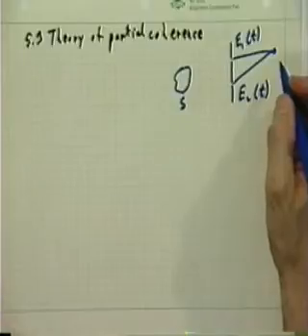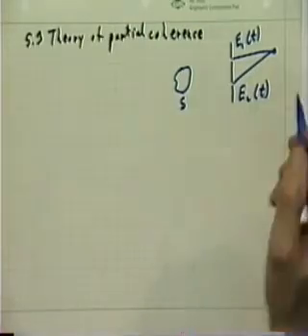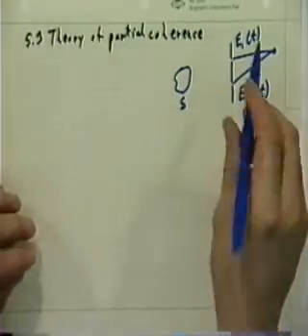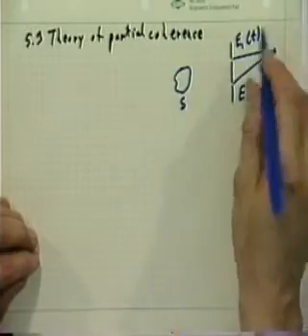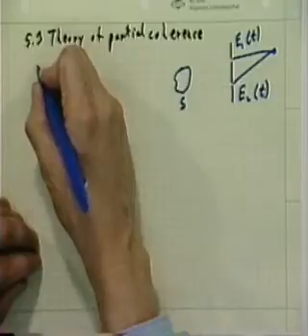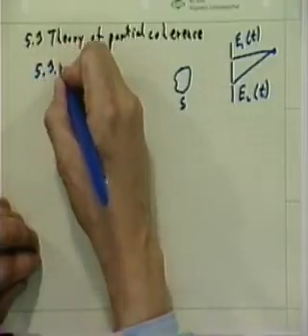So let's go ahead here, and what we're going to end up doing is going through a few equations and making some definitions, and then finally we'll get to where we can precisely calculate the coherence between these two fields. So first I want to look at fringe visibility.